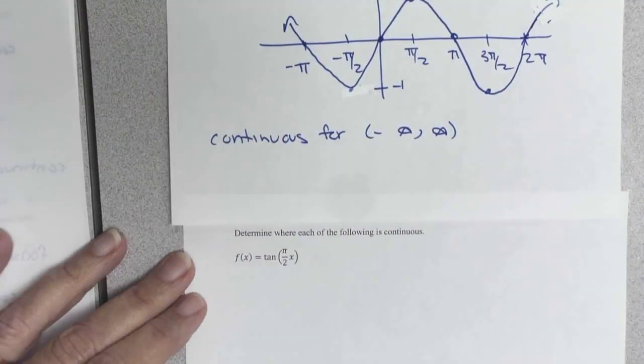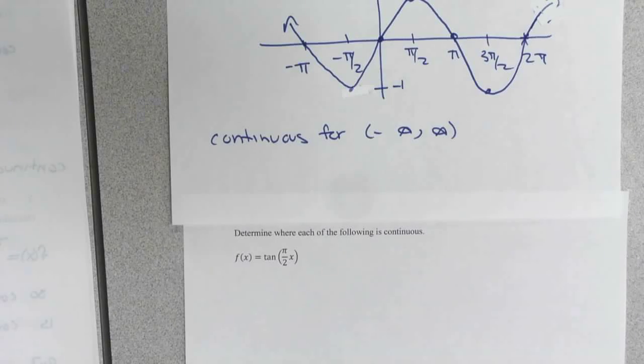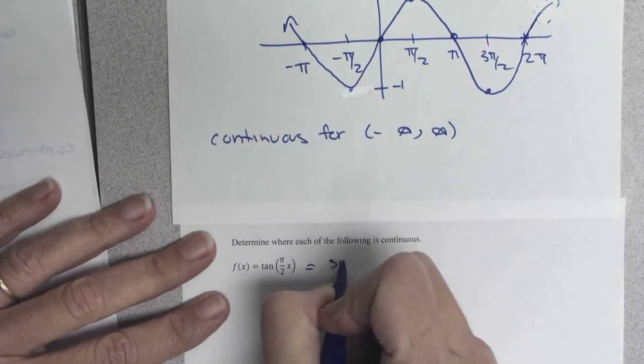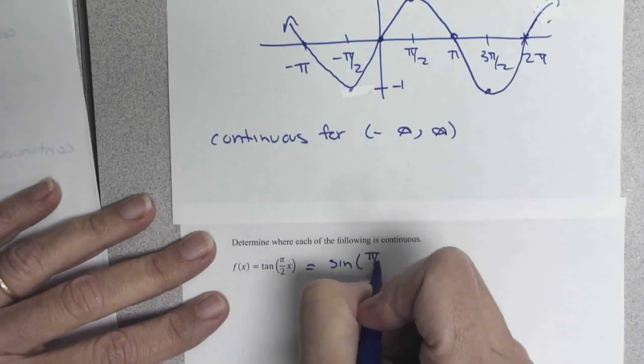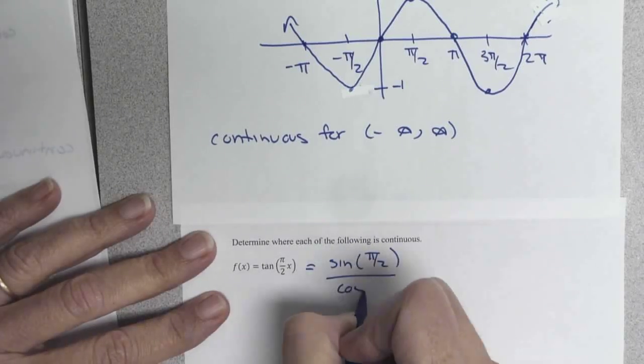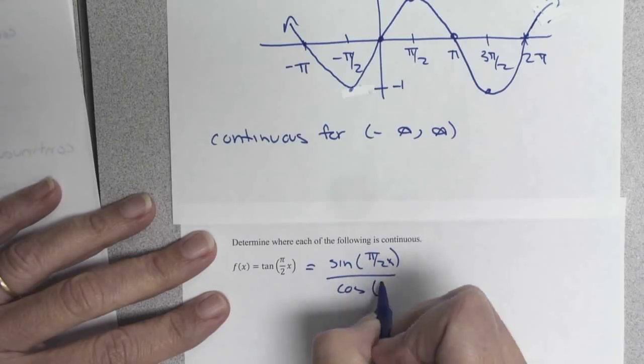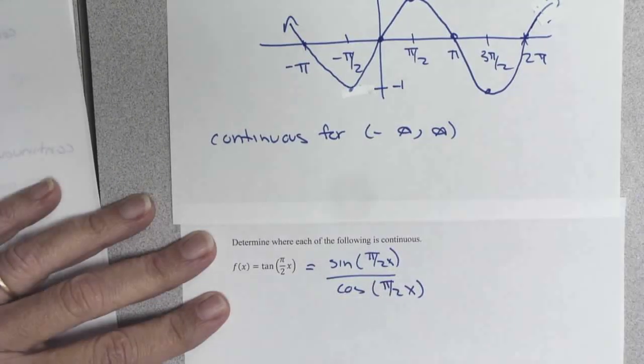Okay, tangent. Now you could graph it, but I think that would be the hard way. Let's view tangent as what we know it to be, which is tangent of pi over 2x equals sine of pi over 2x over cosine of pi over 2x.